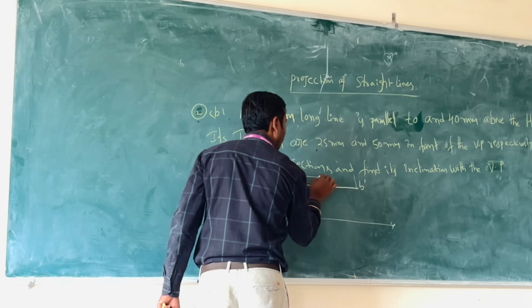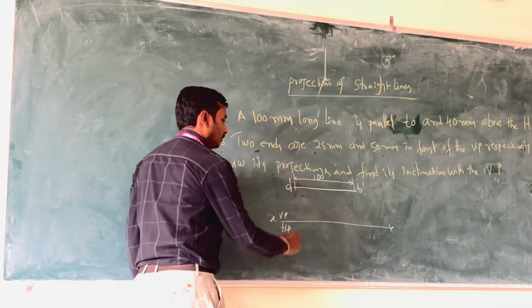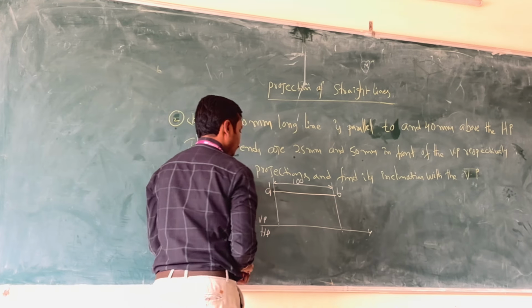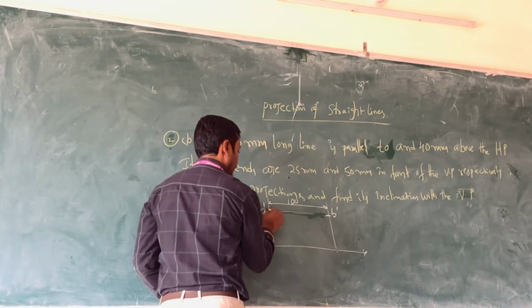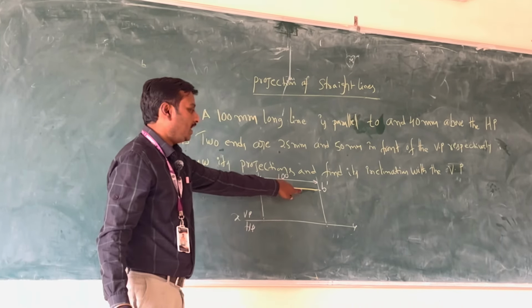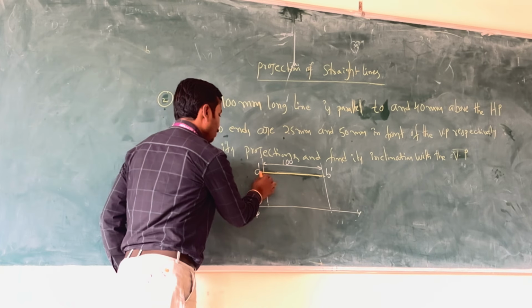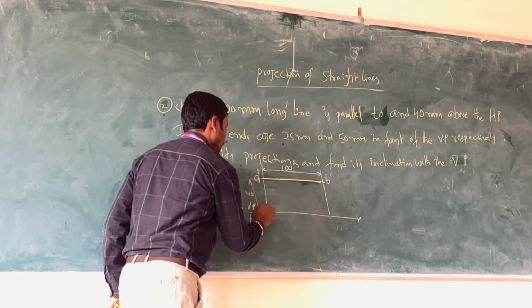What is the length of this line? 100 mm. A dash, B dash is 40 mm above, parallel to HP.